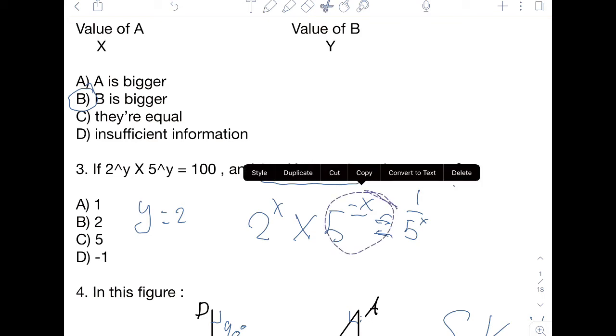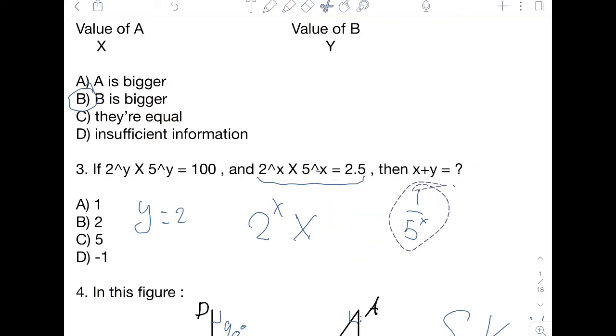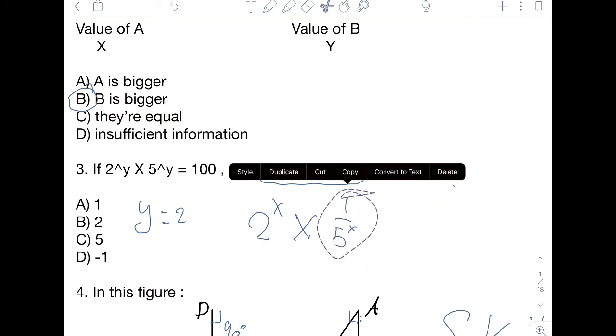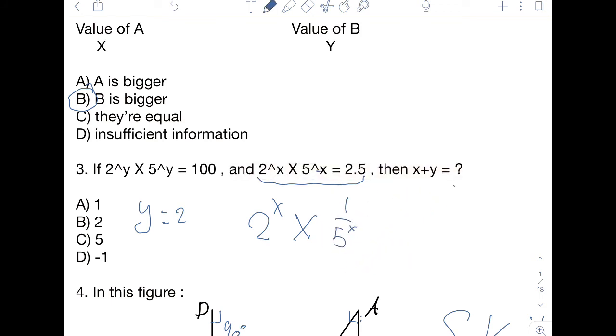So we can take this now and put its fraction adversary instead of it. Adversary means like a friend or something, like working with. So now we have 2 to the power of x multiplied by 1 over 5 to the power of x equals 5 over 2.